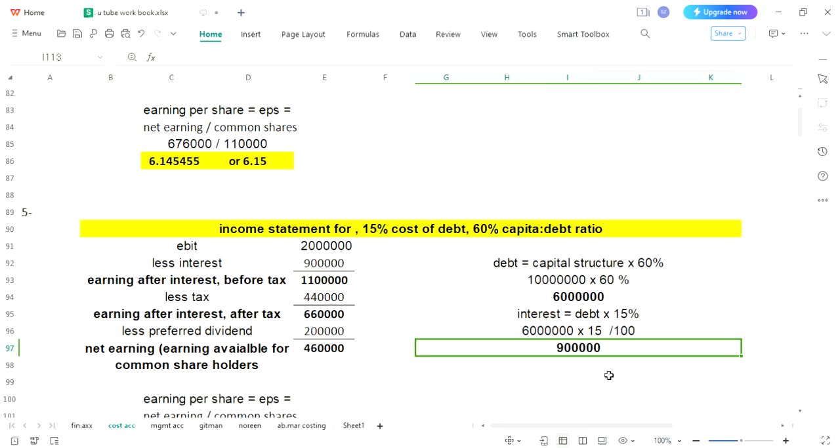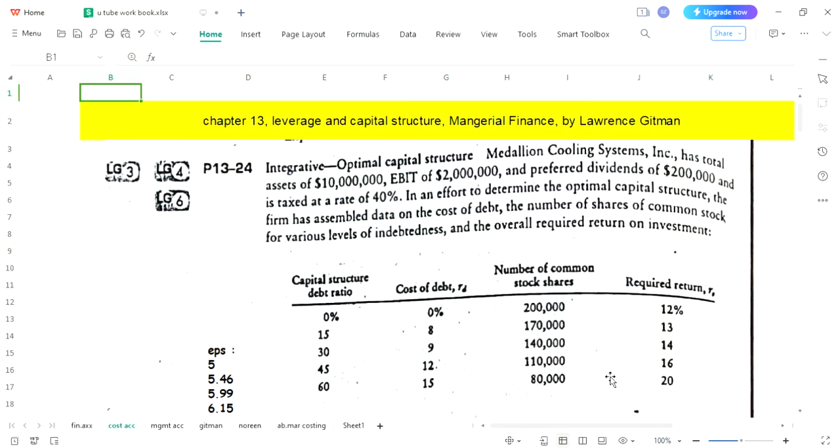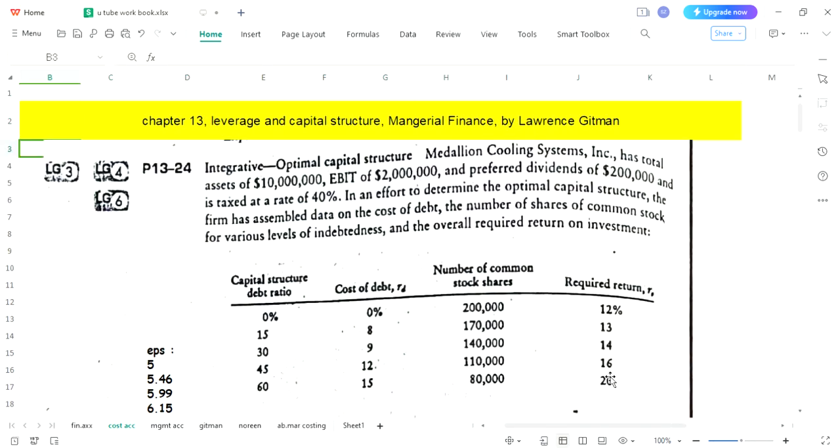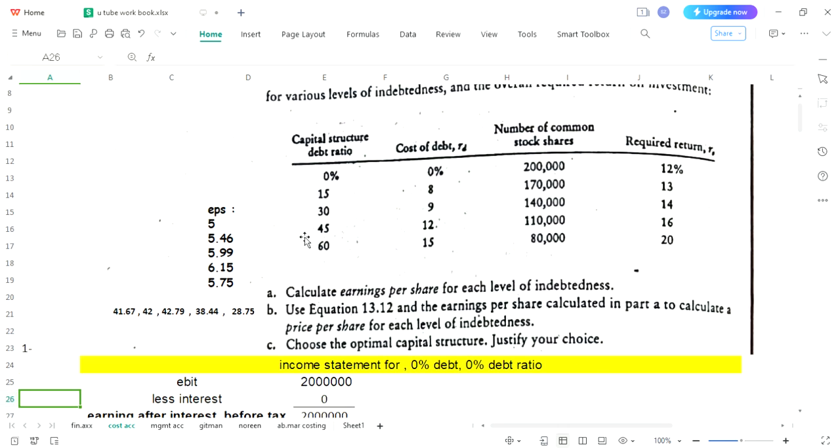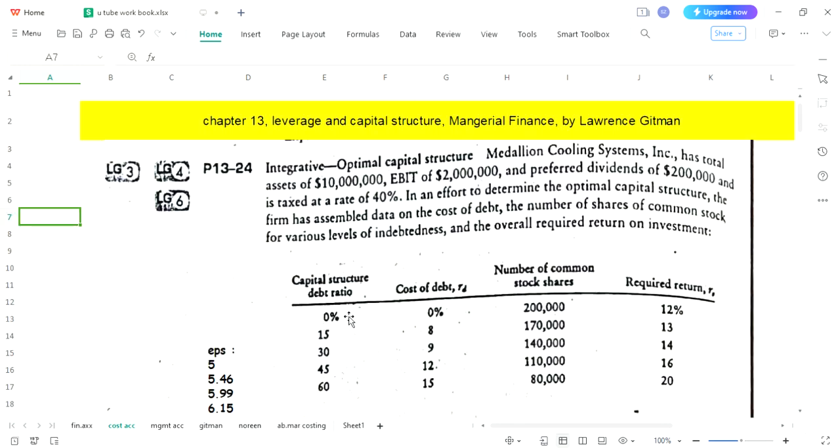In this way, all three parts were seen, and their answers are matched. Look over here, these were two stages, answers were matched, the question has been reviewed, the solution is in front of you. It means our question number 13.24 is 100% completed. After reviewing all answers, these answers were matched as well.